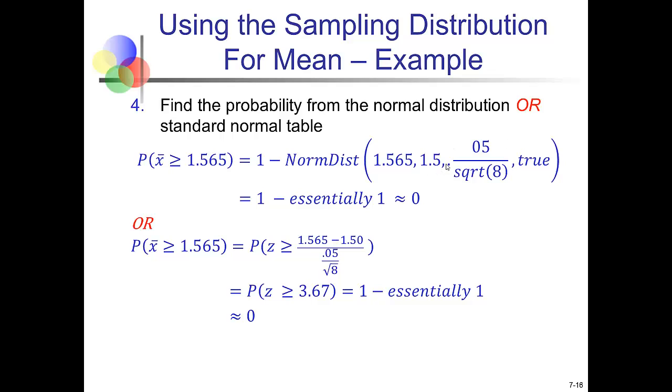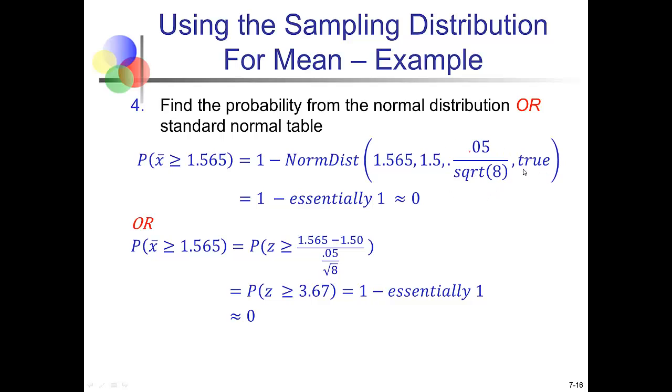The standard deviation is where things really start to change in terms of what we plug in here. We need to plug in the standard deviation of the sampling distribution. So 0.05 divided by the square root of 8, because that's our sample size. You can literally type this in, 0.05 divided by sqrt left parenthesis 8 right parenthesis, right into the box that asks for standard deviation.